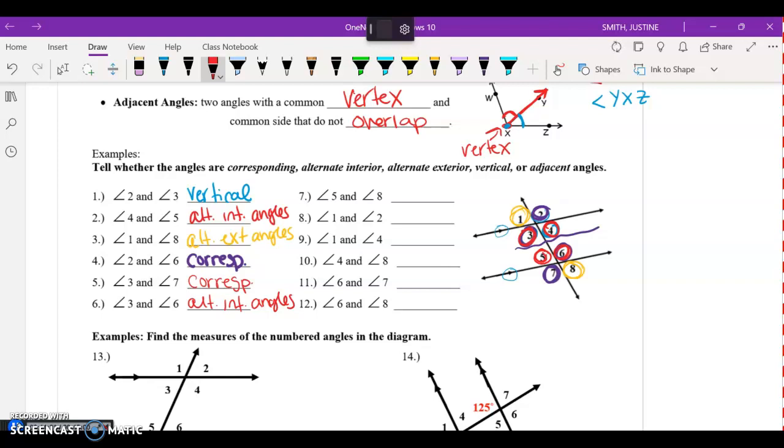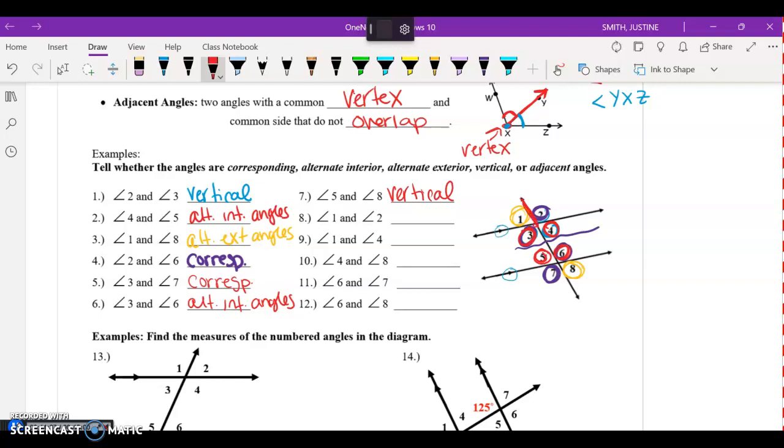Okay, we have 5 and 8. They're right across from each other, so we know that they're vertical. And we have 1 and 2. They're right next to each other.